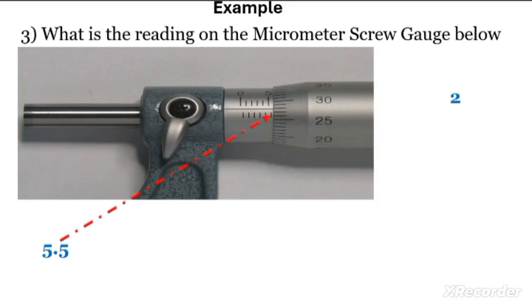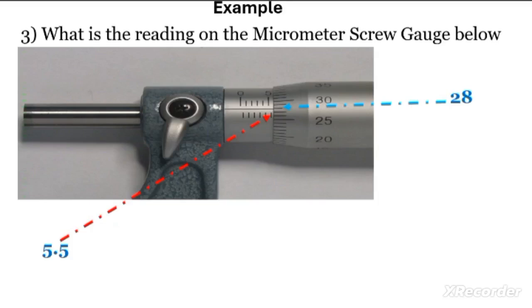Then this is 26, 27, 28. The mark that is coinciding with the horizontal line from the main scale is 28. The next thing we are going to do is add the numbers from the two scales.